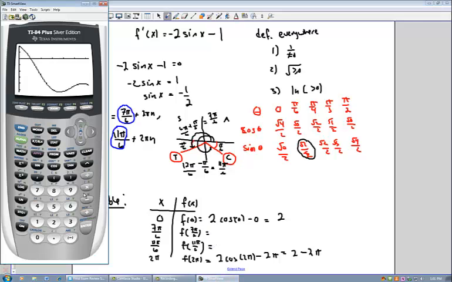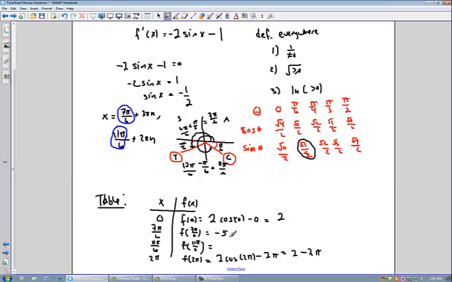Now I'm going to use my calculator. I'm just going to trace this. So notice if I hit trace and hit 0, I should get out 2, which I do. Then I can do 7 pi divided by 6, hit enter, and I get out about negative 5.397.